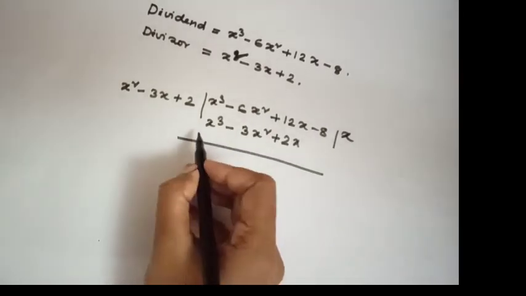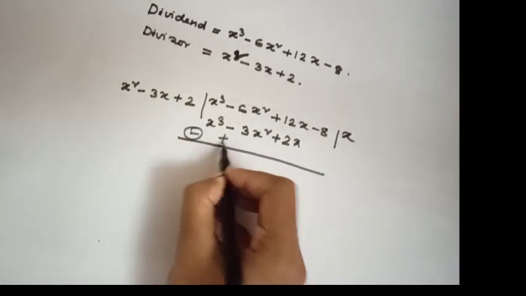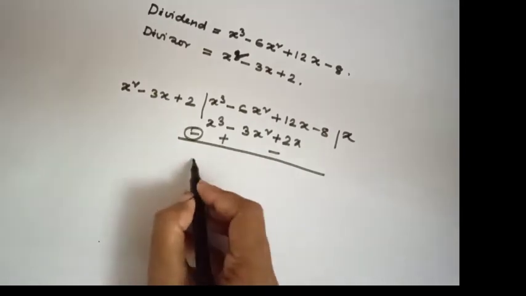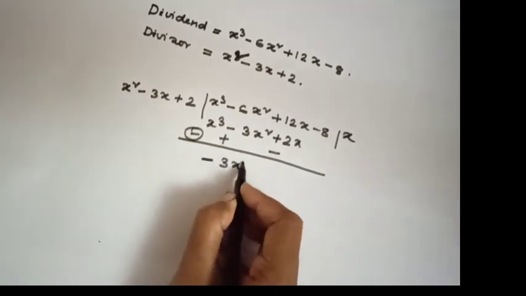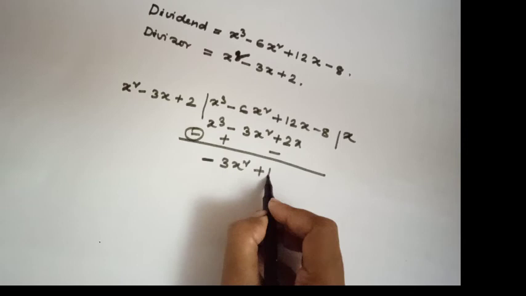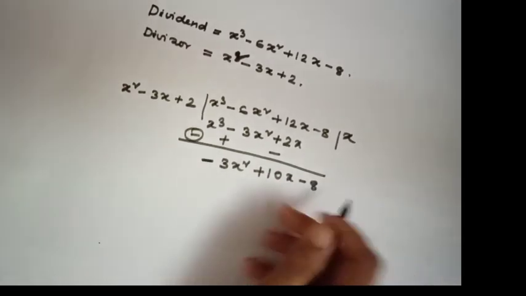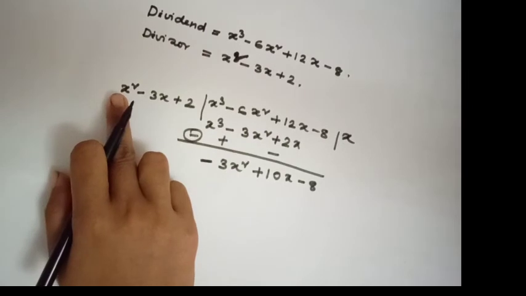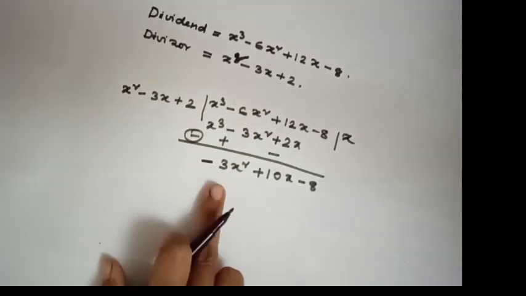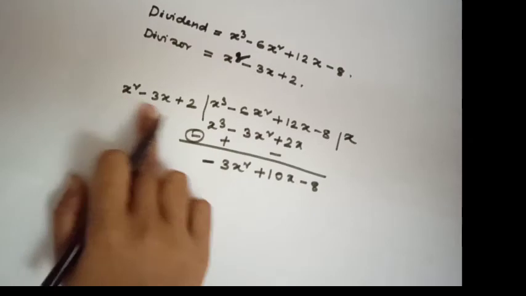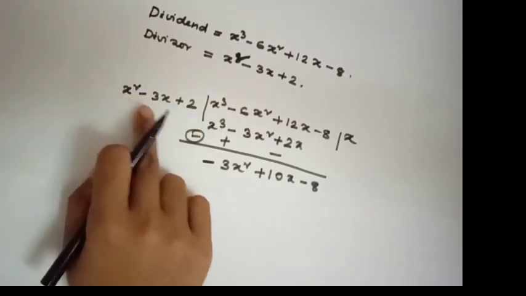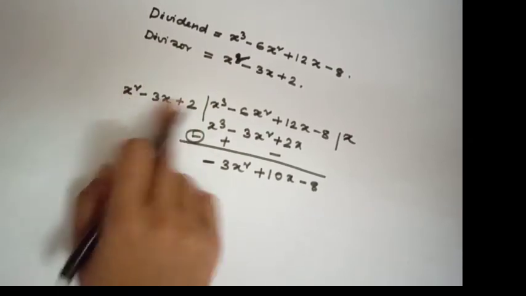Then after subtracting it will be minus 3x squared plus 10x minus 8. Here the coefficient is 1, here minus 3. So multiply with minus 3.